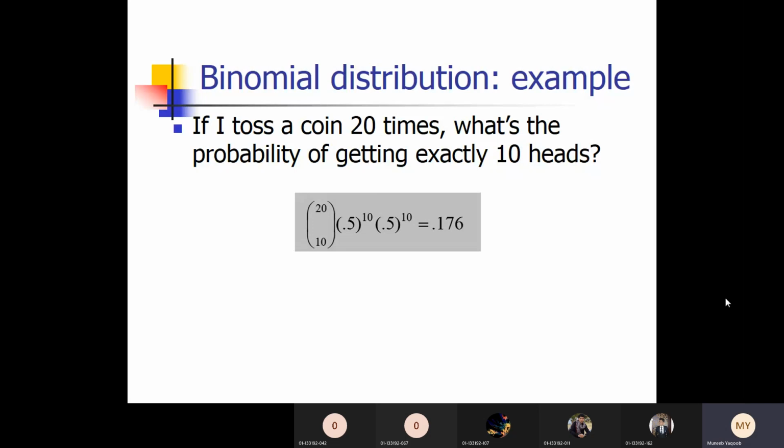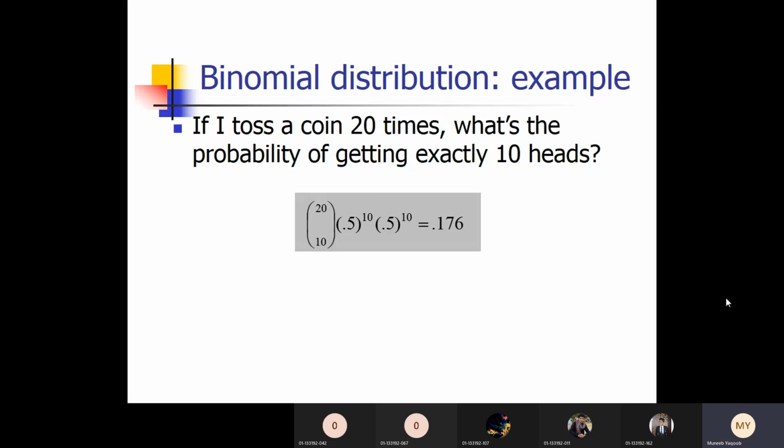So you saw that in this example we easily calculated the probability for capital X equals 10, and we identified the four variables: number of trials n equals 20, small x equals 10, probability of success for tossing a coin is obviously 0.5, and probability of failure is 0.5 as well.